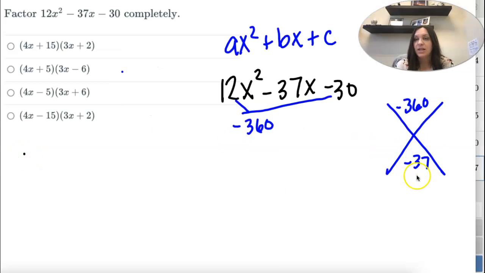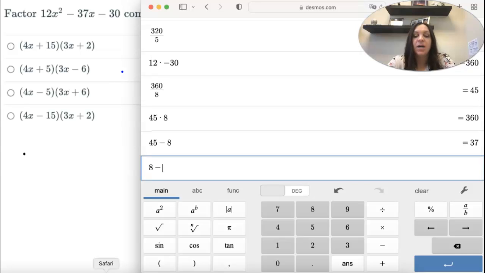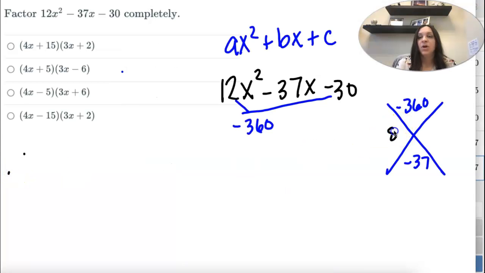We need 37, but we need it the other way. We need 8 minus 45. We need negative 37. So positive 8 times negative 45 is negative 360. 8 minus 45 is negative 37. We found our numbers.